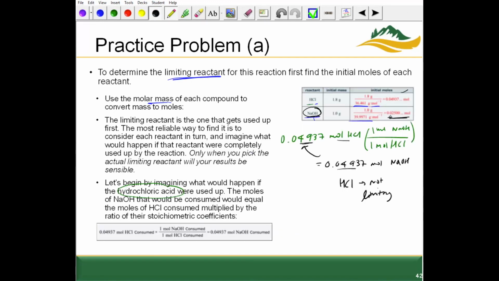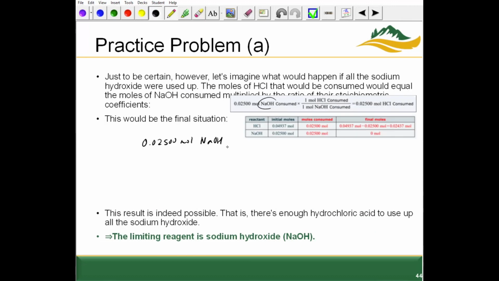We are starting with 0.02500 moles of NaOH. For every 1 mole of NaOH, there is 1 mole of HCl. So moles of NaOH cancel, leaving just moles of HCl. So 0.02500 moles of HCl. Did we start with this amount or more?